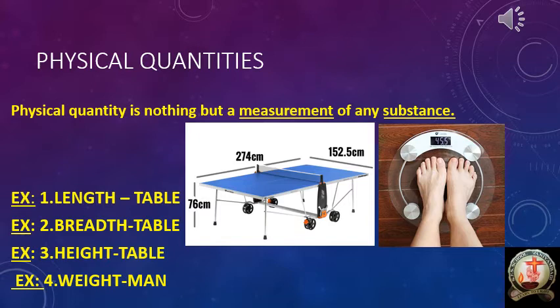Finally, here only one substance is given. What is that substance's name? Table. One table is given, and the table has three measurements. What are they? Length, breadth and height. So here the substance is the table, and the measurements are length, breadth and height.